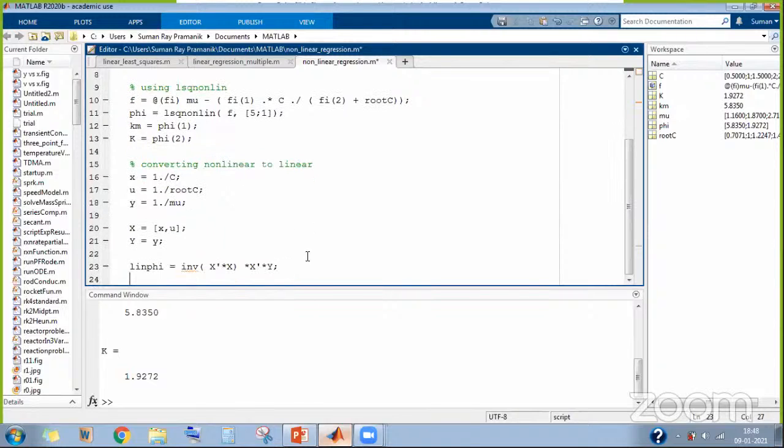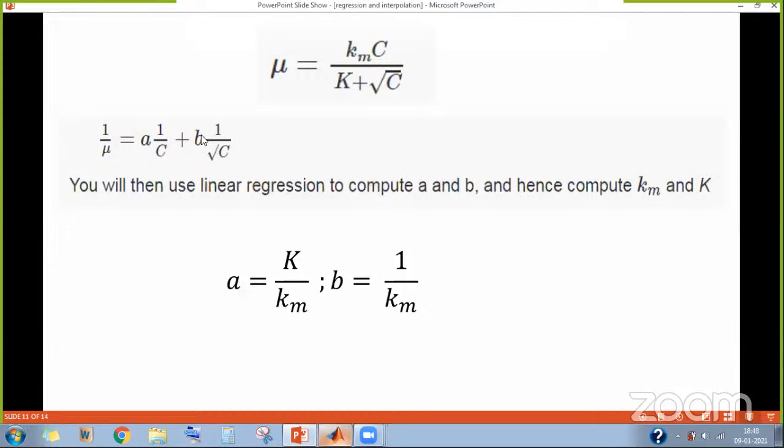This time as well, ln phi will give us the values a and b. And to get km and k, we have to make some algebraic manipulations.